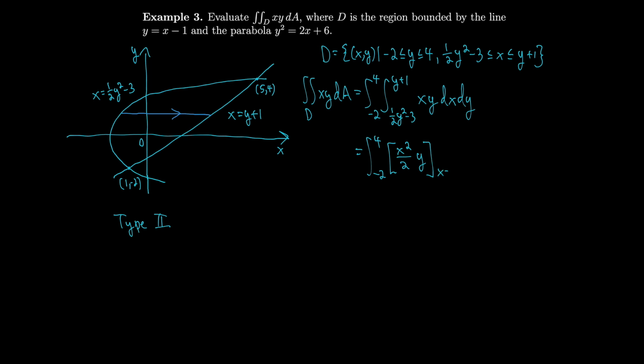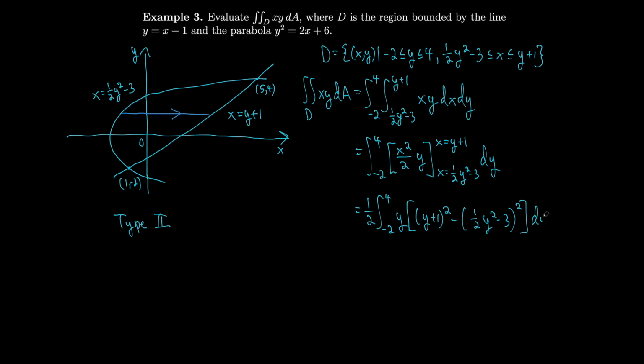We evaluate that from x equals half y squared minus 3 to x equals y plus 1 dy, and that becomes half times the integral from minus 2 to 4 of y times y plus 1 squared minus half y squared minus 3 squared dy, and we just simplify this a little bit.